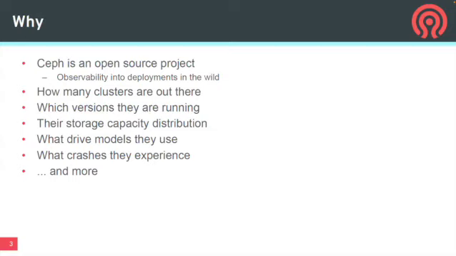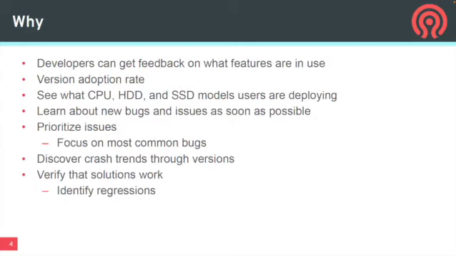As we all know, Ceph is an open source project, and we would really like to get some observability into deployments out there. So we will know how many clusters are out there, what versions they're running, to learn a bit about the storage capacity distribution, what drives they're using, what crashes are happening in those clusters, and many, many more answers that we are looking for.